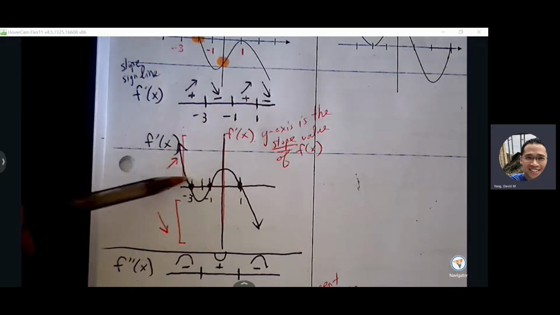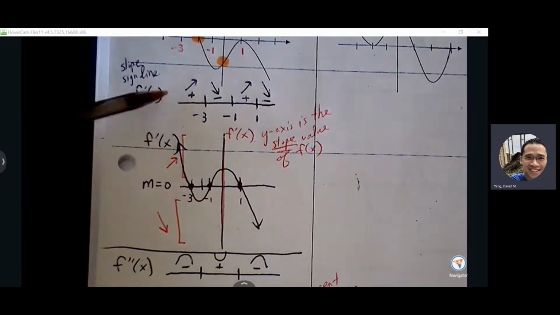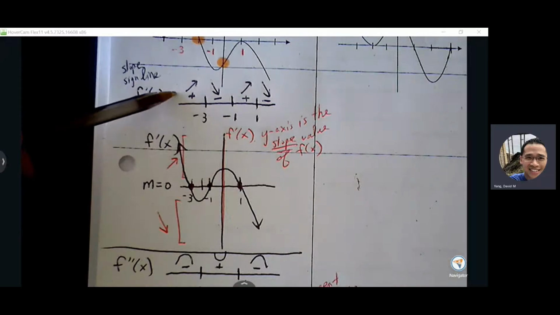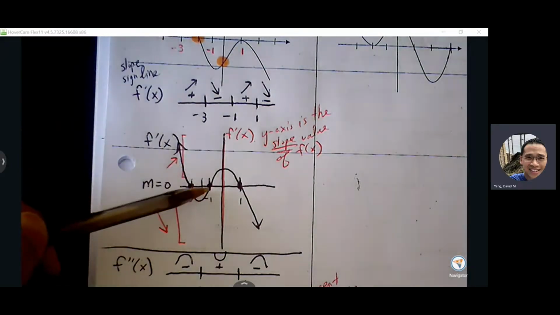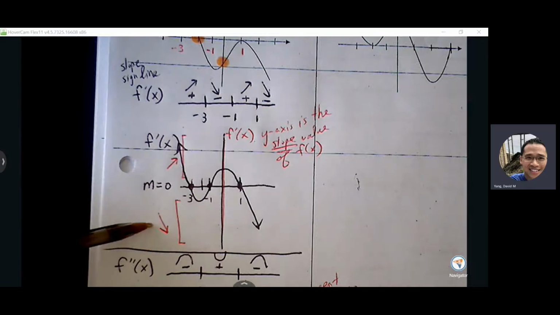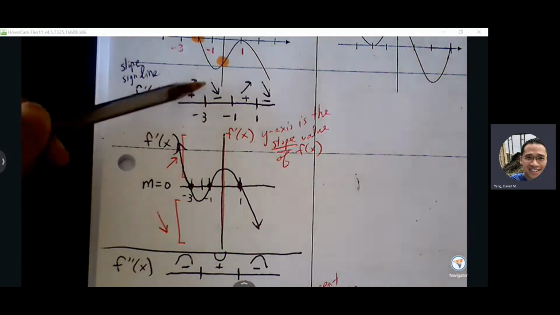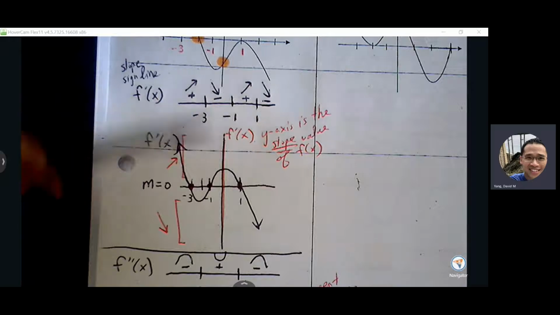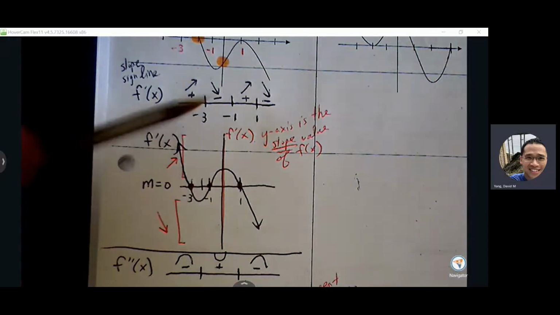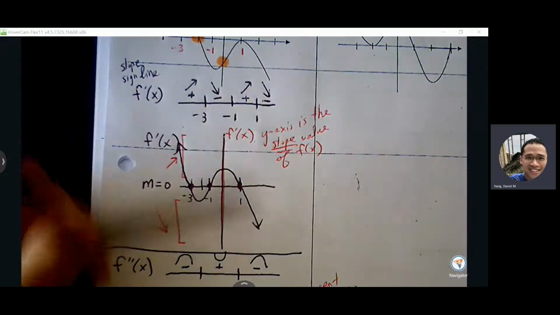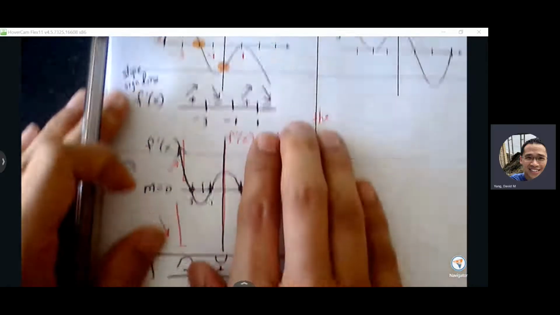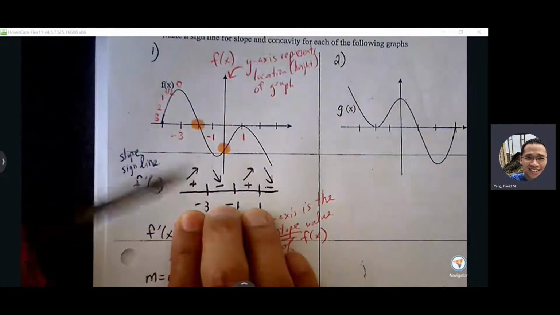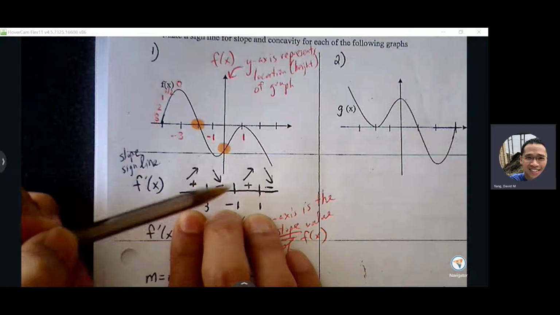If my graph is above the x-axis, I'm going to look at that label and indicate that as a positive slope. Anything that's below the x-axis, I find my label, that's a negative slope. I will indicate that with a negative sign. Okay. Above the x-axis, positive slope. Below the x-axis, negative slope. And then once I create my slope sign line, I'm just going to sketch a graph with the movements that I see here.